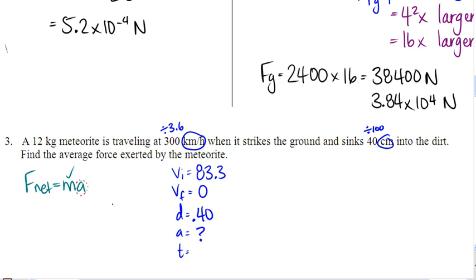Now we're after the acceleration, so we can plug it into Fnet equals ma. Forgot our stopwatch. And if you go to your formula sheet, you're going to find that this equation works really well: Vf squared equals Vi squared plus 2ad. Plug in all of our numbers here. We're trying to solve for a.